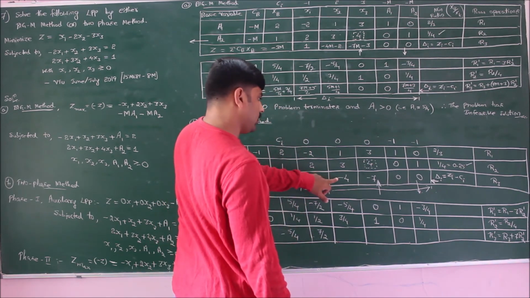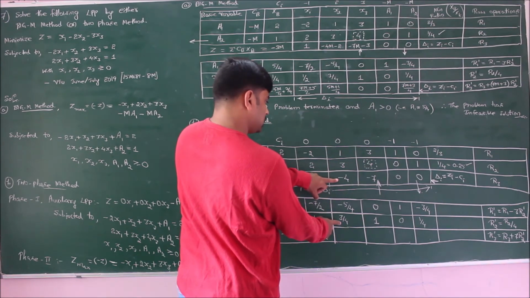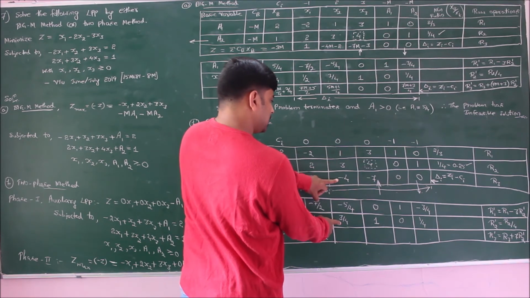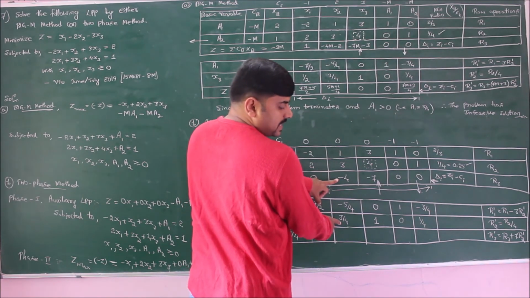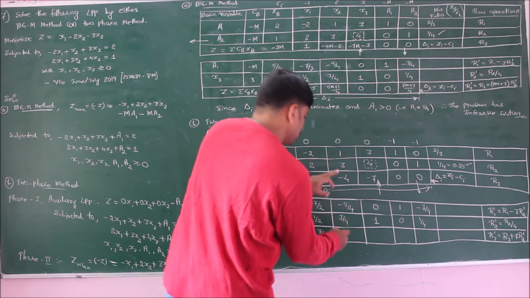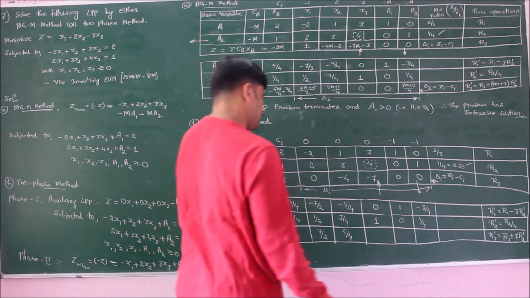Coming over here, we have minus 4, 3 by 4. Minus 4 plus 7 into 3 by 4 is minus 4 plus 21 by 4. So 4 fours are 16, minus 16 plus 21 is plus 5, so it is 5 by 4.